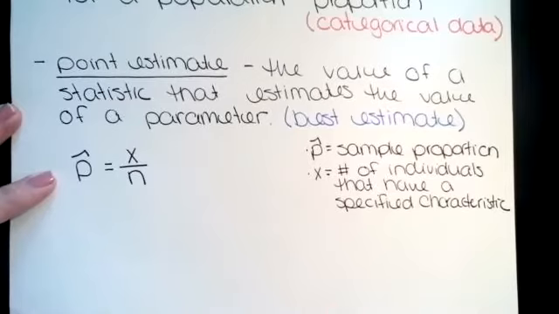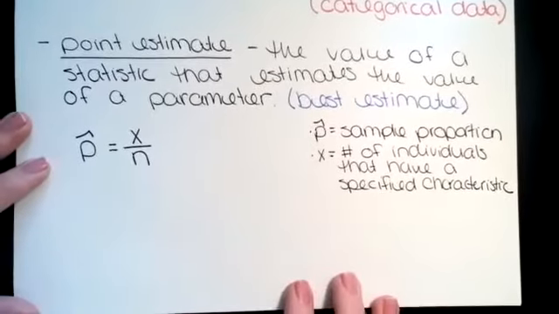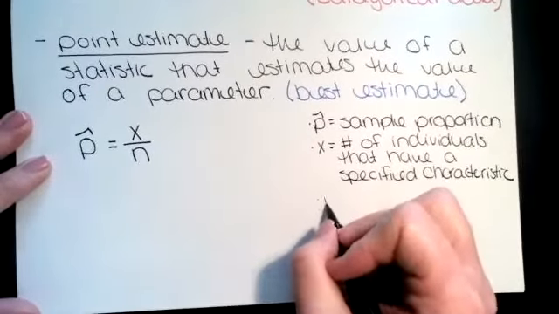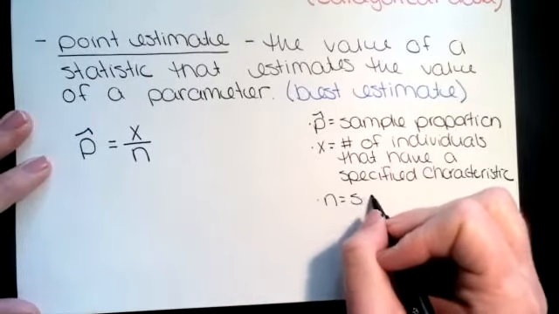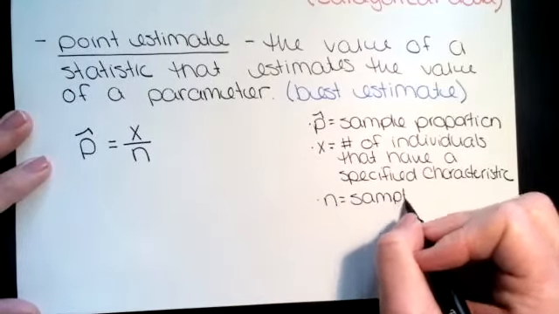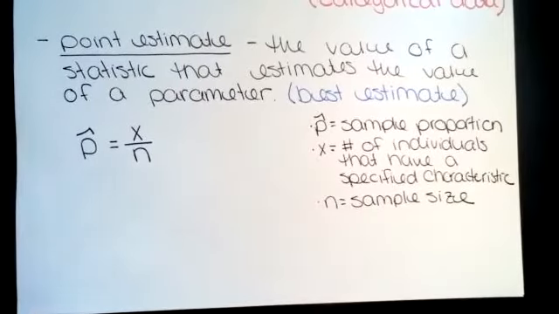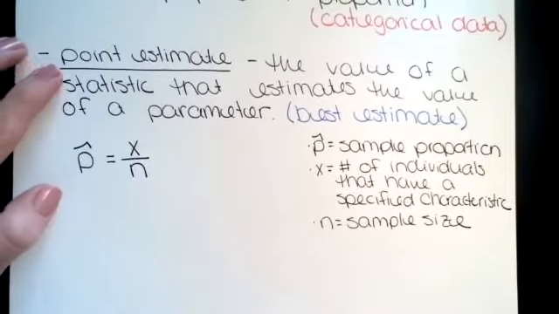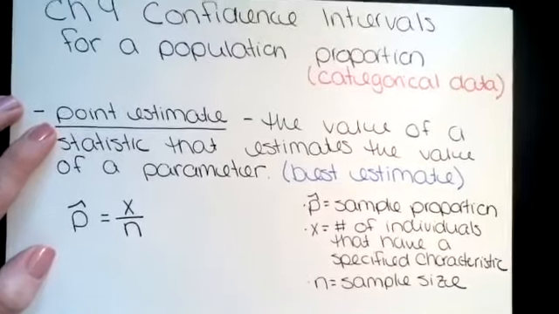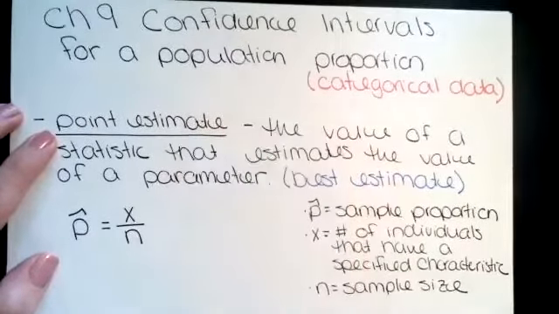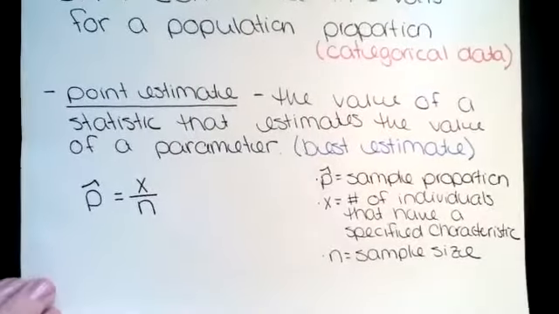That's X. So it's the number of people that answered yes to our question. Then N is just my sample size. And that's what makes up my p hat, my sample proportion. My sample proportion is what we call our best estimate or our point estimate for our population proportion confidence intervals, which we'll see in just a minute.